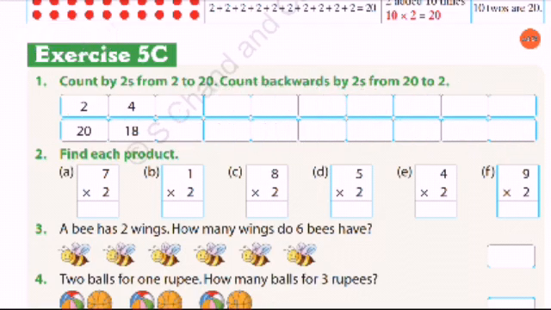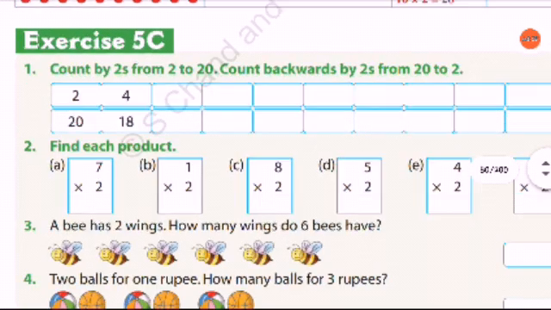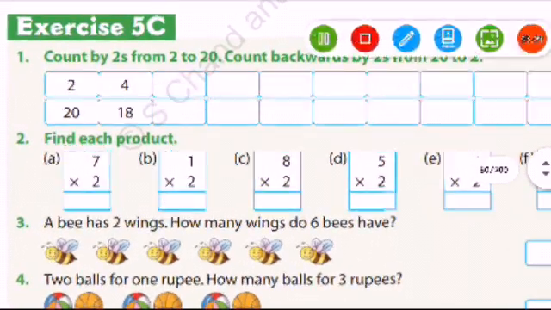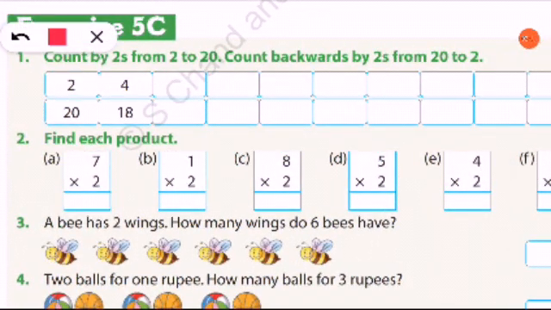Now see, the second question is find each product. Product means you have to multiply, and you have to count the table of 2. See, first question, you have to count the table of 2. 2 sevens are 14. Okay, it is written 14. 2 ones are 2. 2 eights are 16. 2 fives are 10. 2 fours are 8.